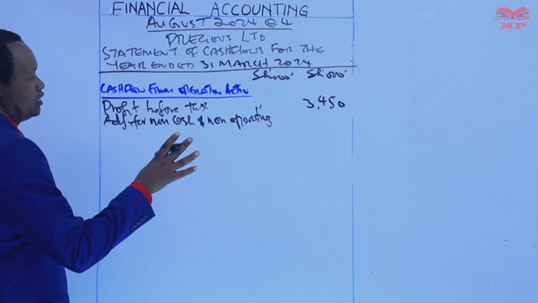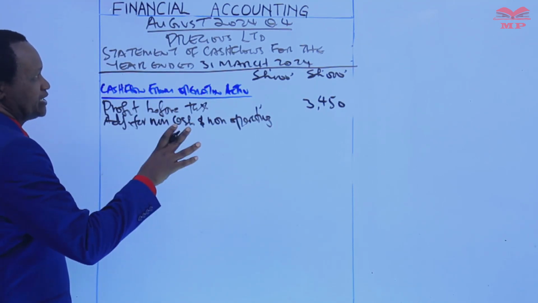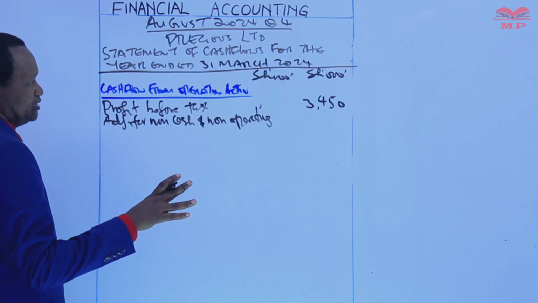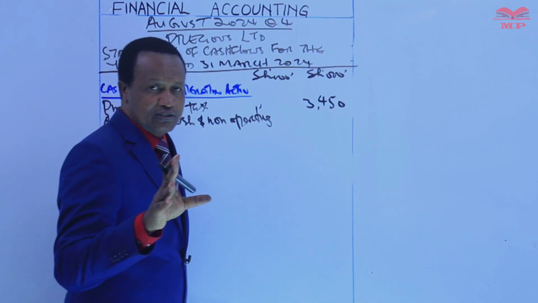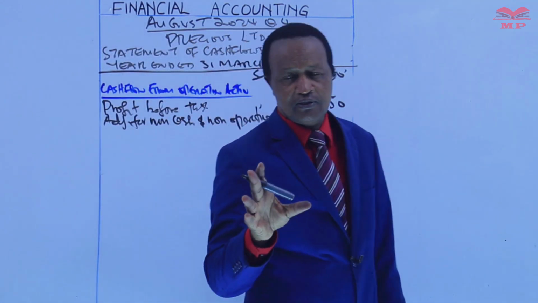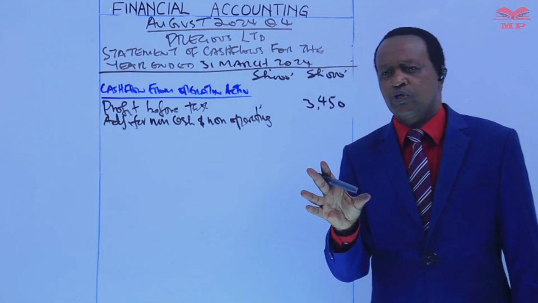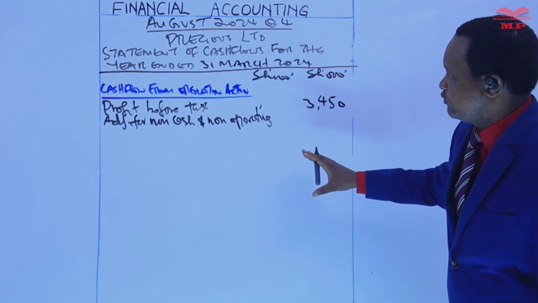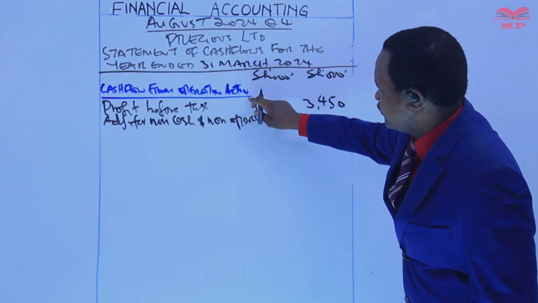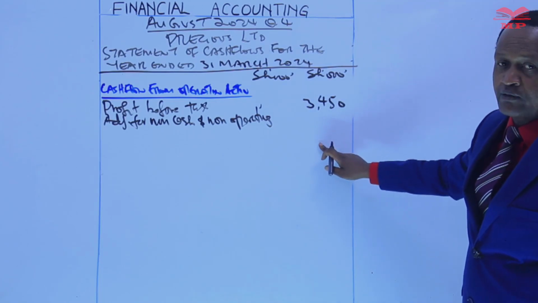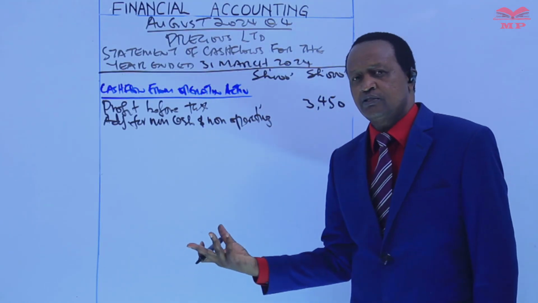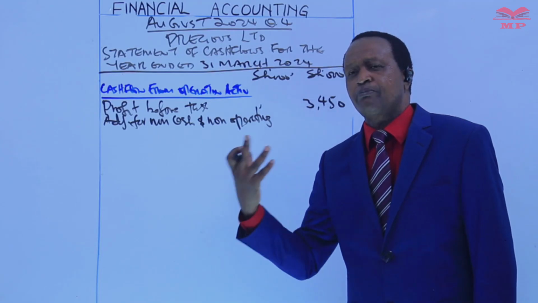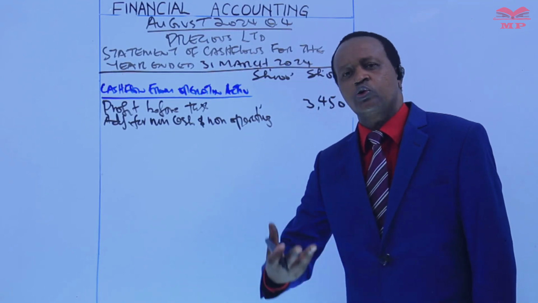Because you recall, we are preparing a cash flow statement and we are beginning with the profit before tax. We want to calculate the cash flows from operating activities. We define operating activities as the core activities of the business, which involve the buying and selling of goods or services.